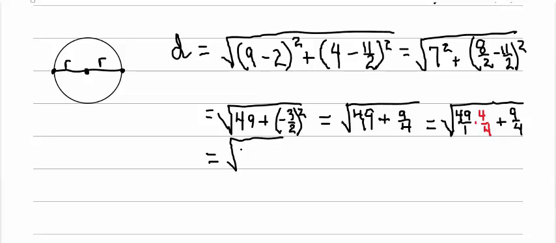So this is 196 over 4 plus 9 over 4. If we add 9 to 196, we get 205 over 4.